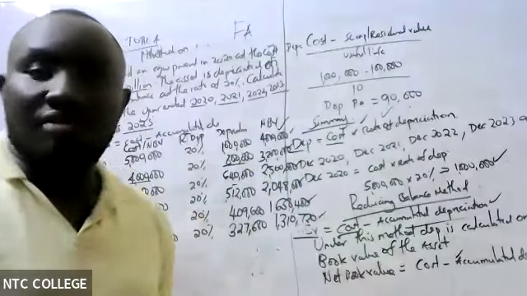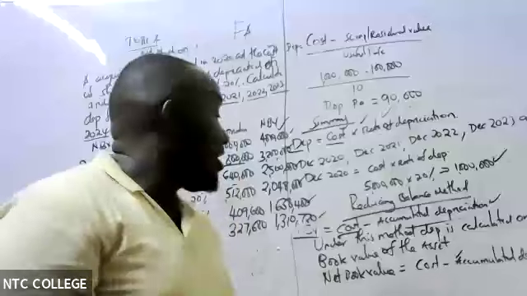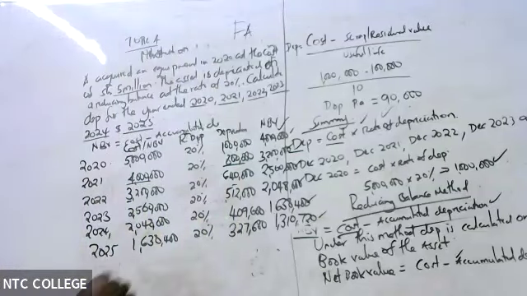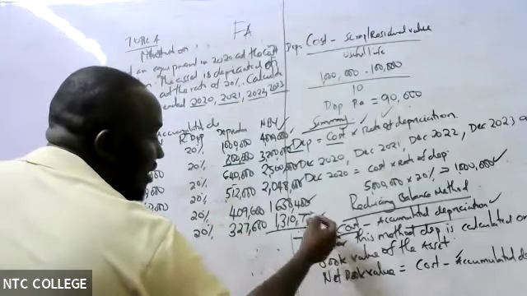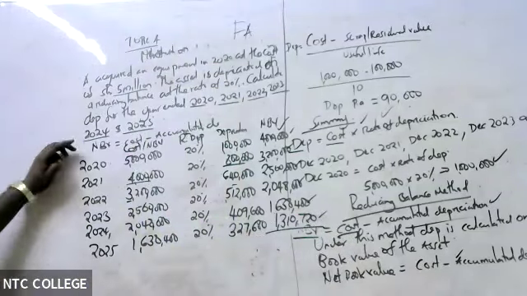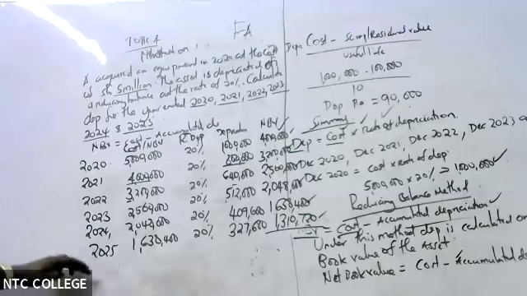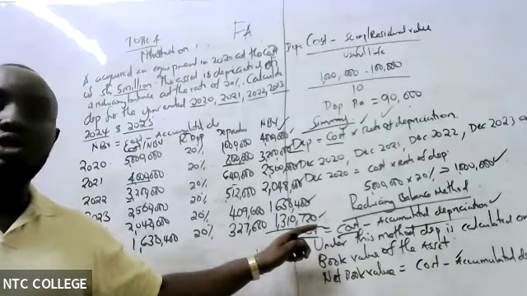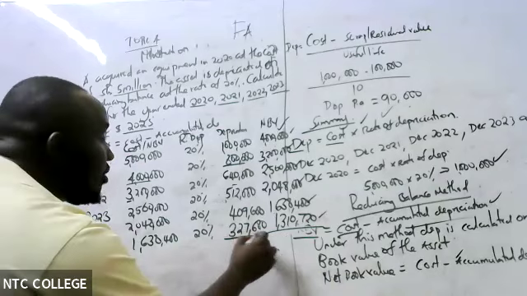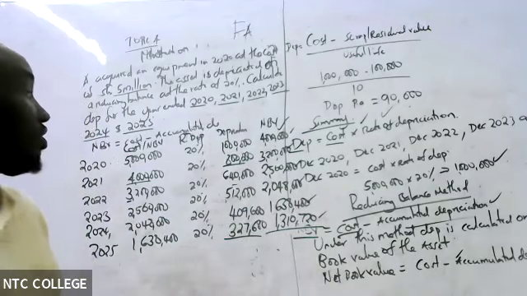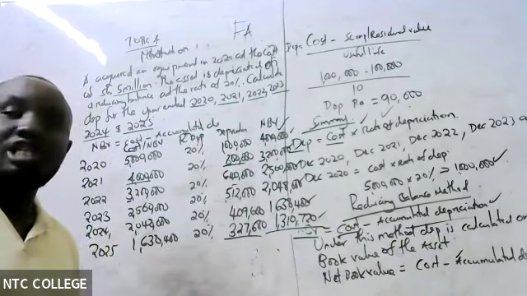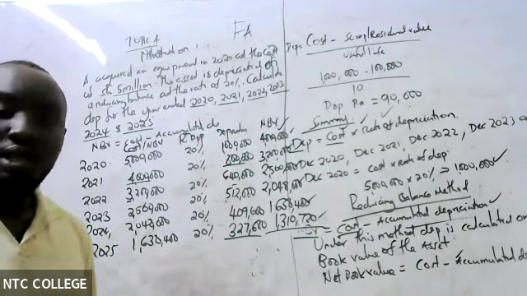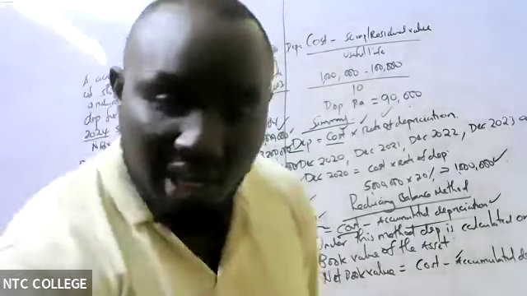For this, you can't survive without a calculator. At the end of the 6 years, we know the asset will still have a value, and we know these are the accumulated depreciation for those 6 years. Sawa. So that is done.